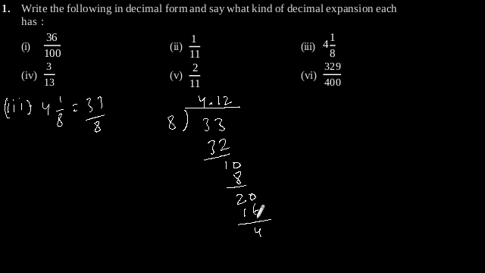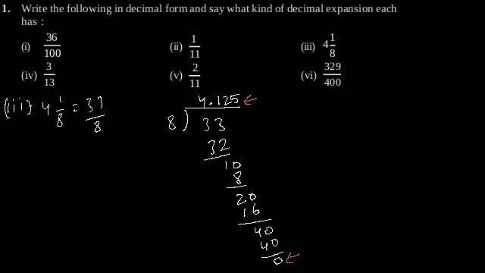Again we'll put 0 here. 8 fives are 40, which gives remainder 0. So from here we can say that quotient is 4.125 and remainder is 0.